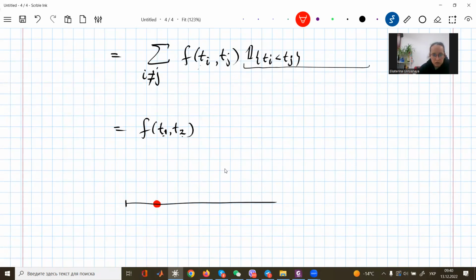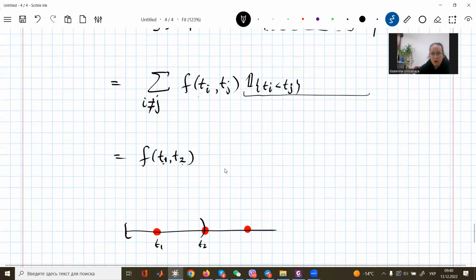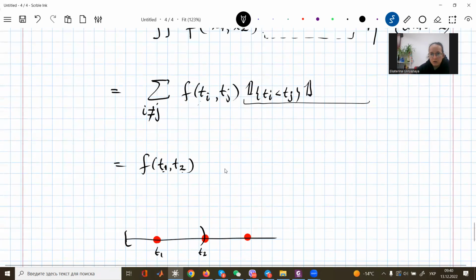So I just select 2 points, t1, t2, and I write the condition that the measure eta of the interval from 0 to t2, not including t2, is equal to 1.